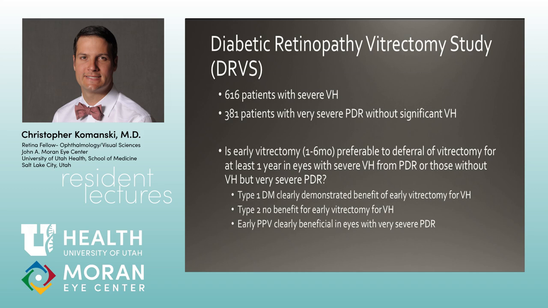If we repeated this study today, we would probably show early vitrectomy was beneficial. The main takeaway is that they did show that early vitrectomy is advisable in type 1 diabetics when they have hemorrhage. Sitting on these eyes for more than 6 months is not a good thing. Whereas in type 2, it didn't seem to make much difference if you delayed vitrectomy. Their outcomes were similar.